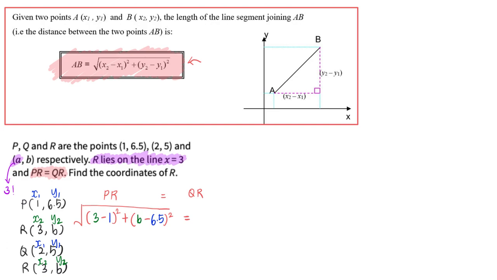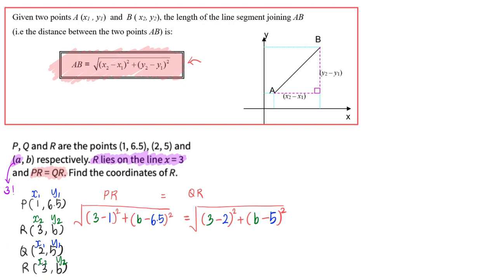So on the other side of the equation, you would see (3 minus 2) squared plus (b minus 5) squared. So now my next job would then be to simplify this.